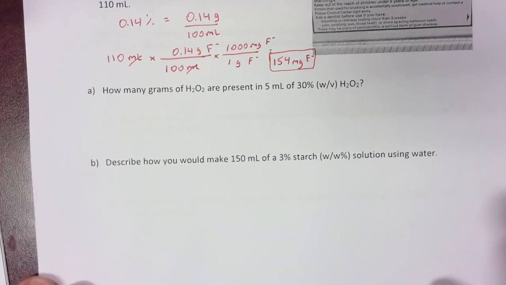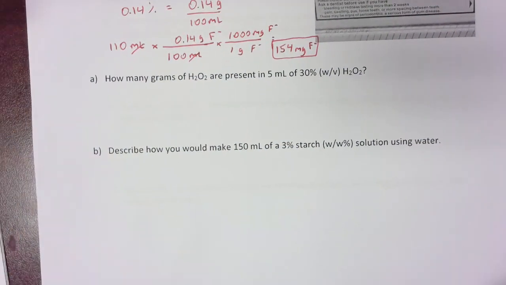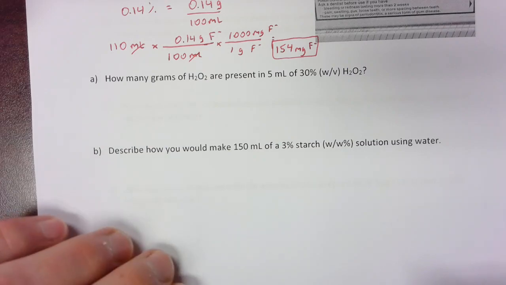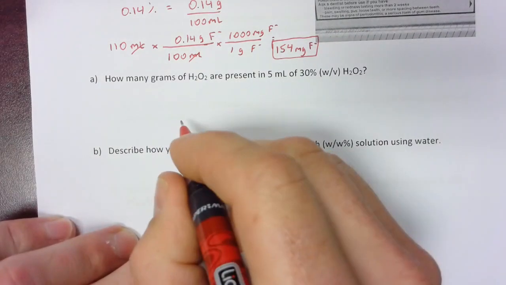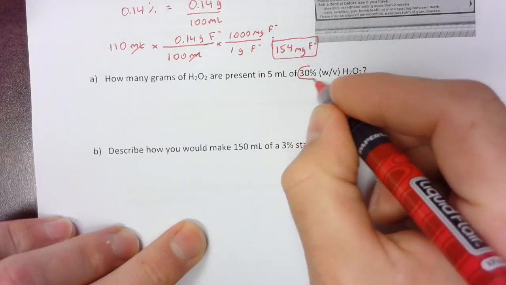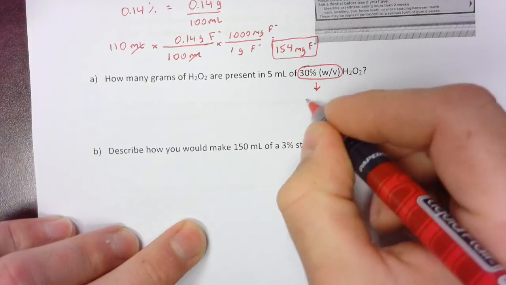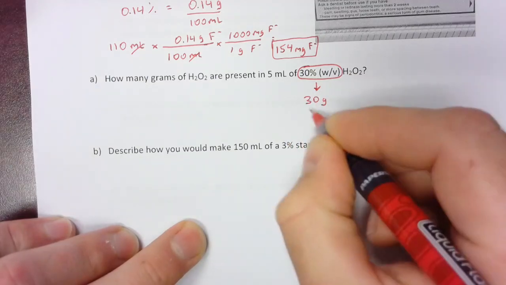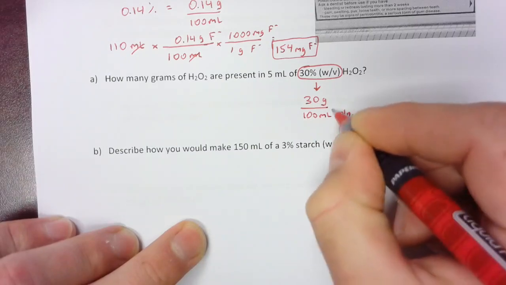Next problem, there's 2 A's. Here's A number 2. How many grams of H2O2 are present in 5 milliliters of 30% H2O2? We actually did this one in class already. Nevertheless, let's go through it. Again, we need to interpret this number. 30% weight over volume means 30 grams in 100 milliliters of solution.